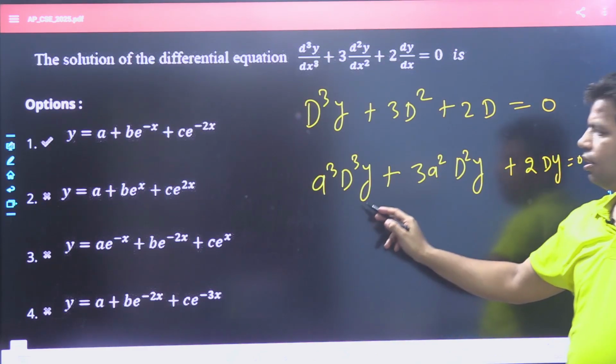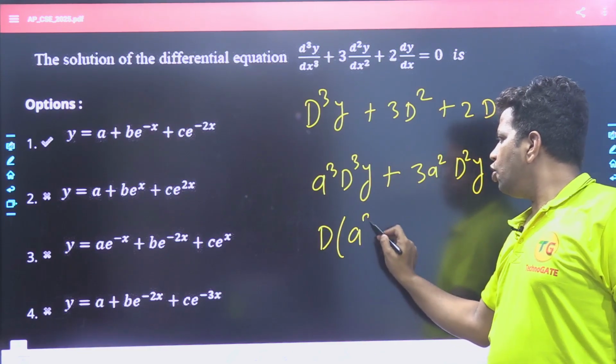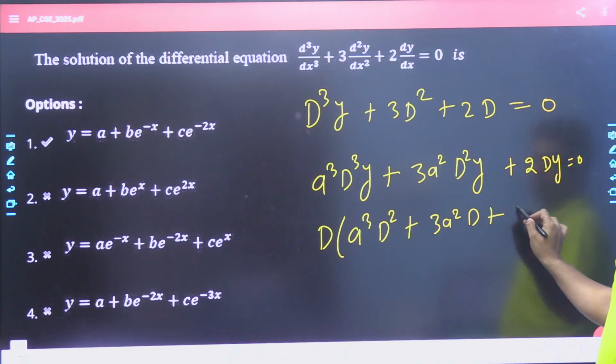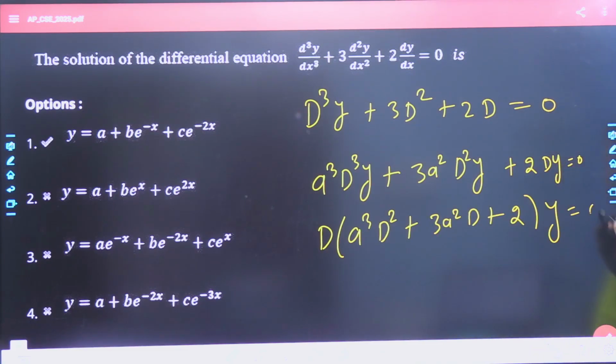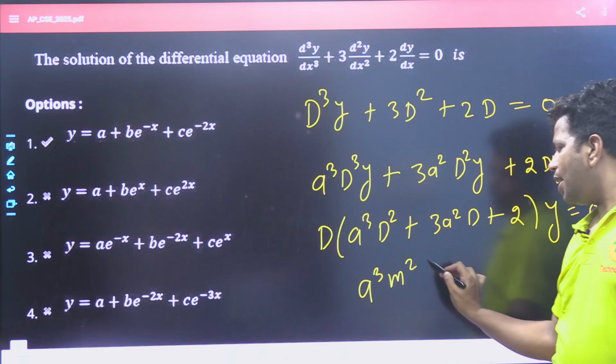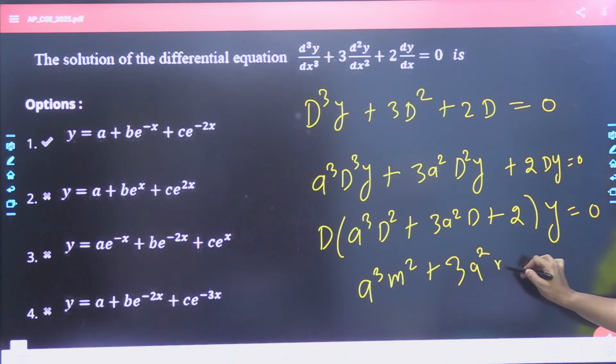If we take y common and D common, it is (a cube D square plus 3a square D plus 2) y equals 0. Now compare this with the characteristic equation, a cube m square plus 3a square m plus 2 equals 0.